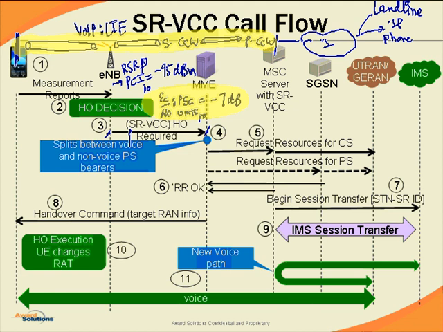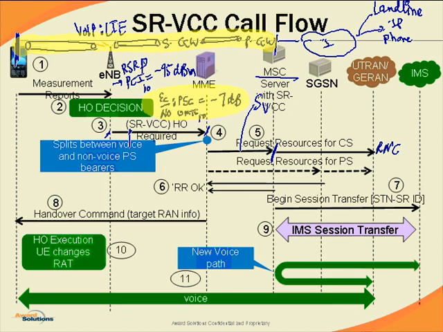MME would have to work with legacy technology, in this case the MSC server, that is the interface, to do the handover. So it will make a request for resources. MSC will work with its own RNC to reserve the resources. Now, MME knows about the UE capabilities and network capabilities.